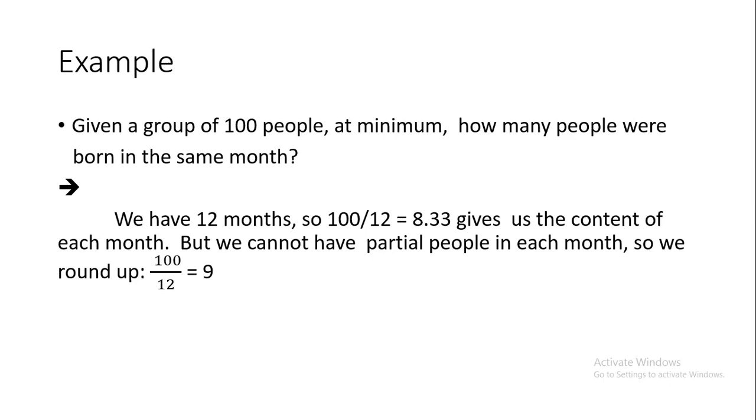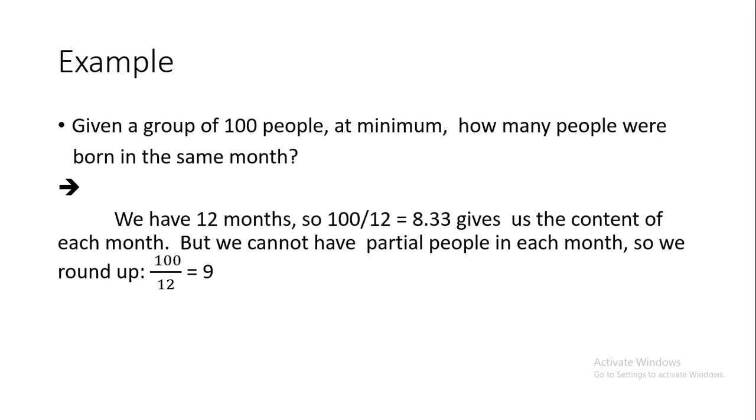It gives us the count for each month, but we cannot have partial people in each month, because people are people. So we can round up here. So 100 divided by 12, rounded up, is equal to 9. So we can say that at least 9 people were born in the same month.